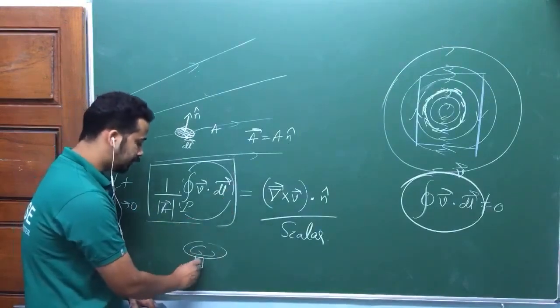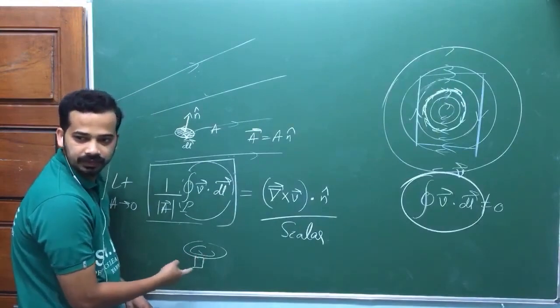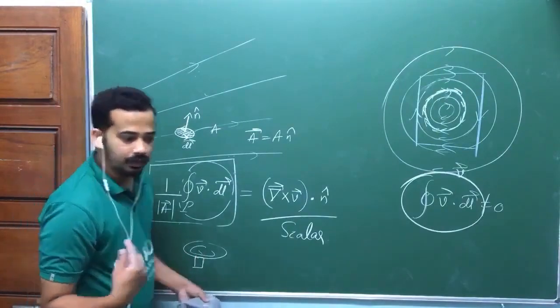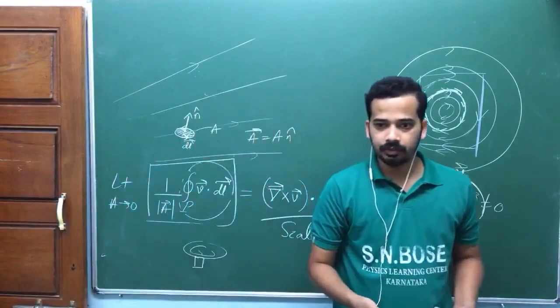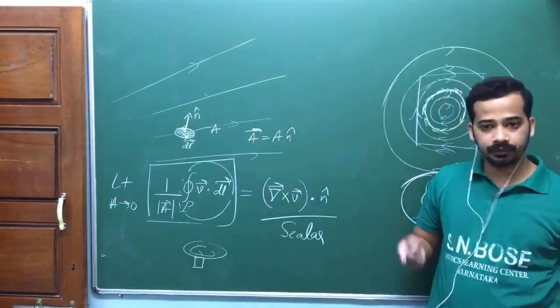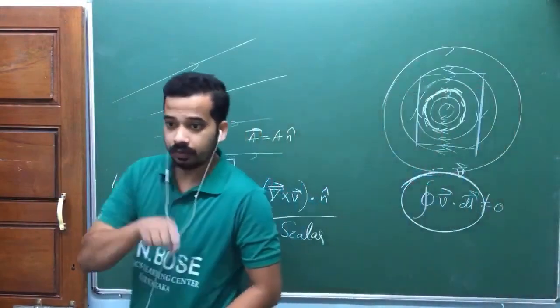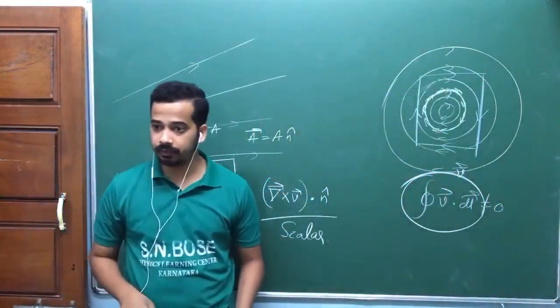You will not find any circulation there. If the water circulates horizontally and you take a vertical line integral, that integral will be 0.